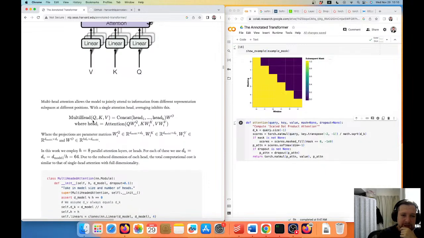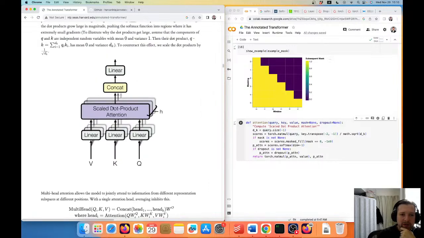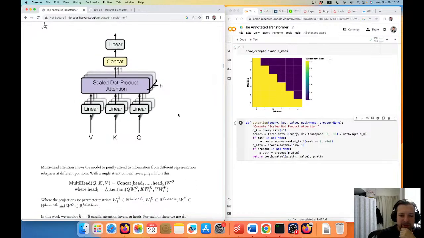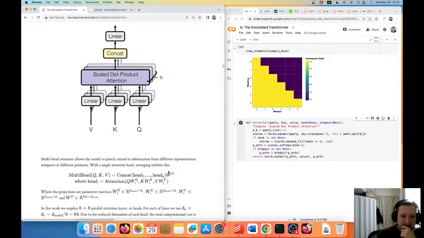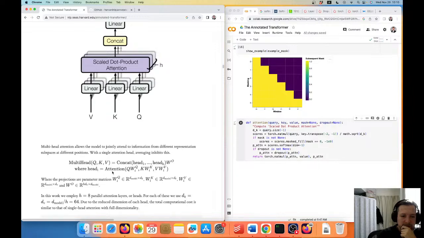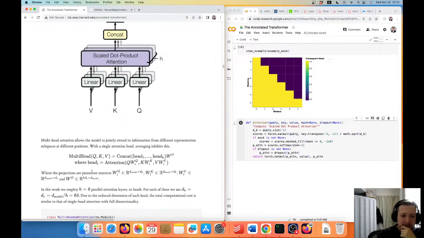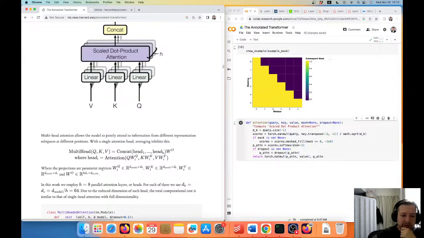And so multi-head attention is you just concatenate the output of several of these attention heads. H is the number of these heads. And then W0, where the projections are parameter matrices W_i^Q.